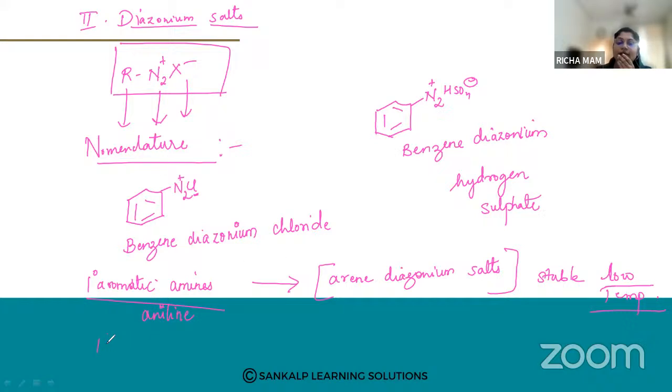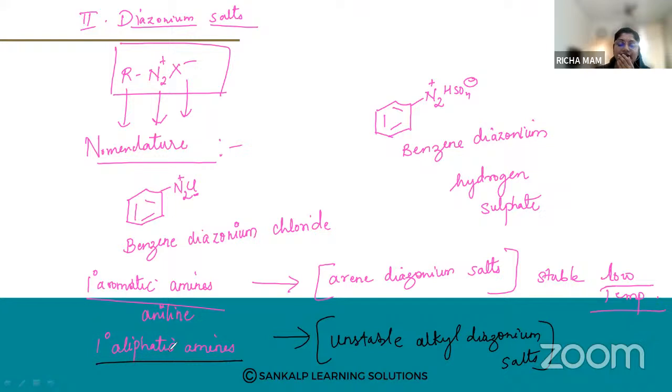While whenever you have a primary aliphatic amine, what are they going to form? They are going to form unstable alkyl diazonium salt. So these are unstable.